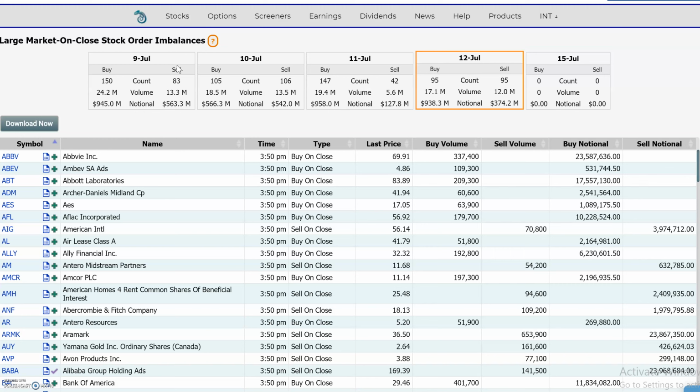When a lot more buy orders than sell orders are going to the specialist, there'll be an imbalance. If there's an imbalance of over 50,000 shares or more, there'll be an indicator of a closing order imbalance, either on the buy side or sell side. This gives you a view of how money is flowing into these types of institutions.